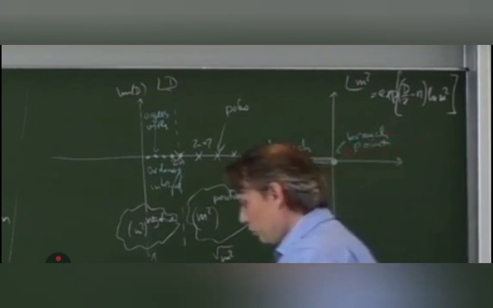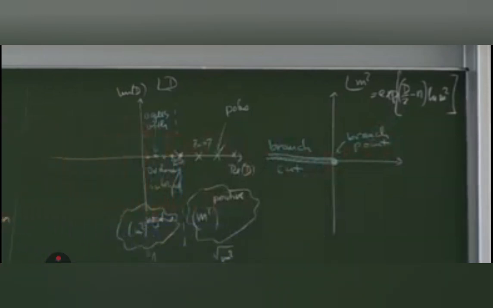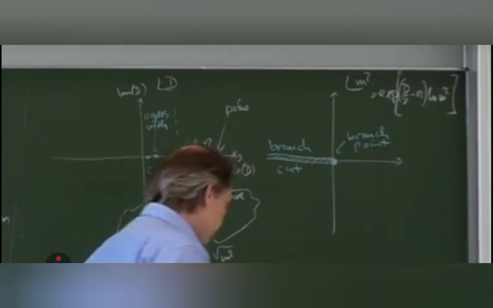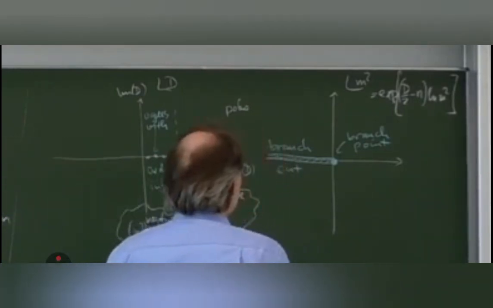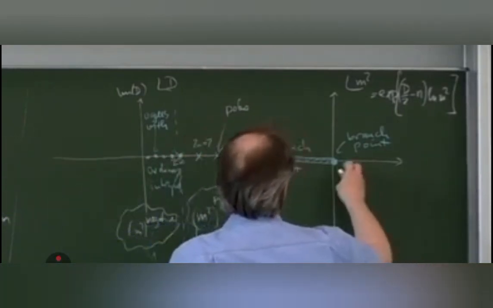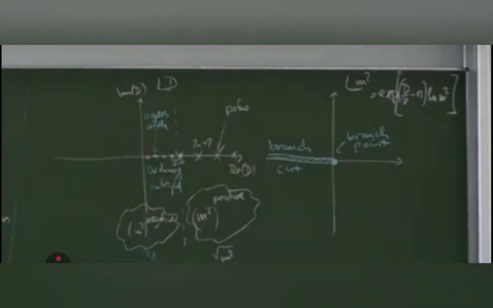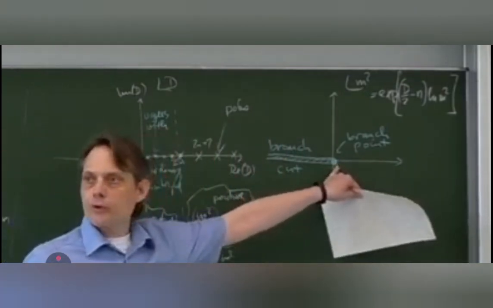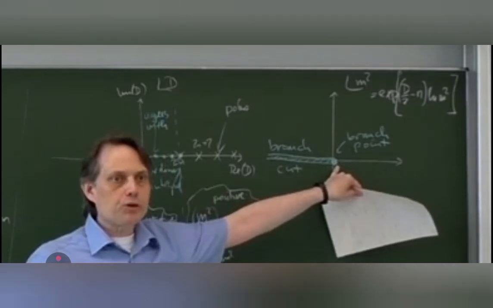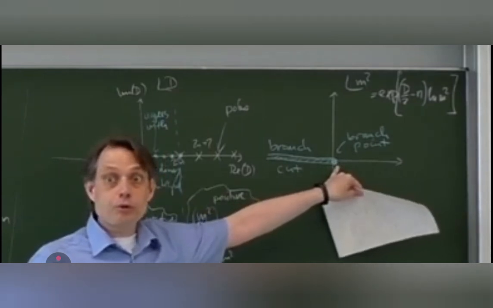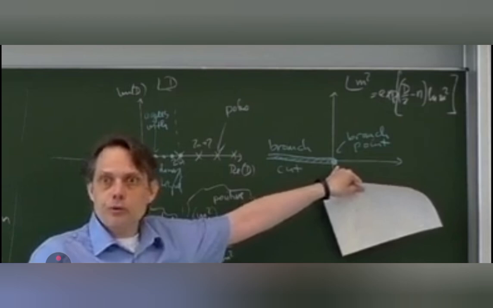The point where the branch cut begins is unambiguous, and in principle one could move the branch cut elsewhere, but let's put it there. And as we already discussed, the branch point is the point which we are actually interested in, because exactly at this point m square is 0. That is where we would like to do a Taylor expansion. But obviously we see that this is a singular point.